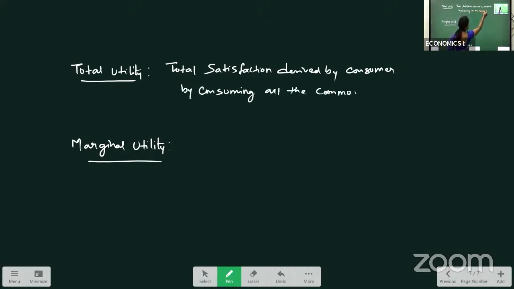By consuming all the commodities means what? When we take, right? Like 1 apple you are taking, you are getting 10 satisfaction. 2 apples you are taking, your satisfaction will increase, because as you take more and more, your total satisfaction will increase. For example, first apple, 10 satisfaction, right?